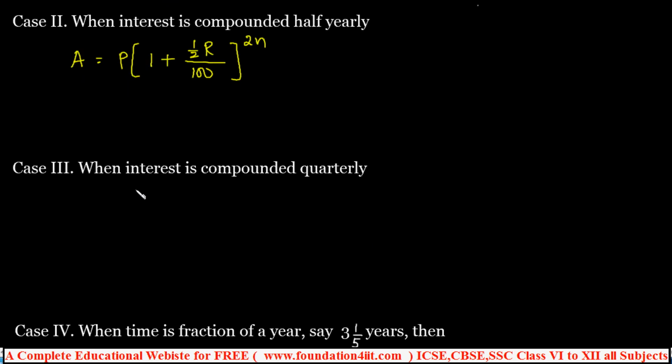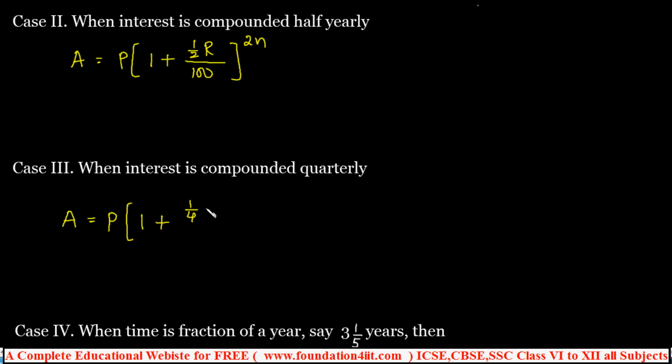And case 3 is when interest is compounded quarterly. Quarterly is 1/4, right? Fourth part. 1/4 of the year is a quarter year, 1 quarter. So amount is equal to the same P into 1 plus. Previously for half yearly it was 1 by 2 R. So this is 1/4.